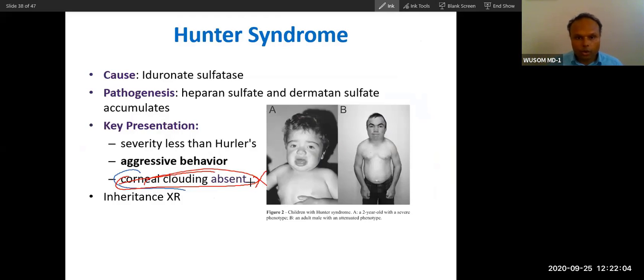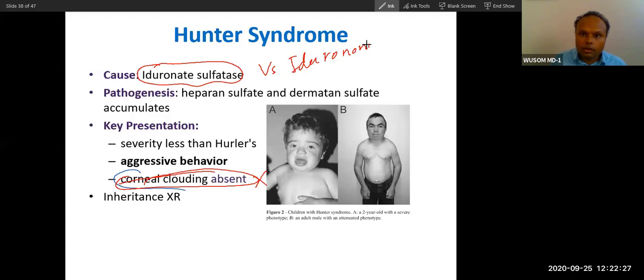Here you don't see corneal clouding because the enzyme is iduronate sulfatase, and this enzyme is also important, but it is not as important as iduronidase.